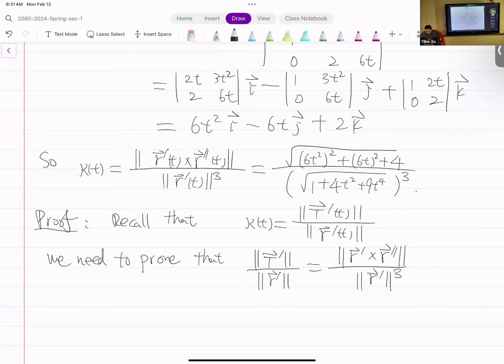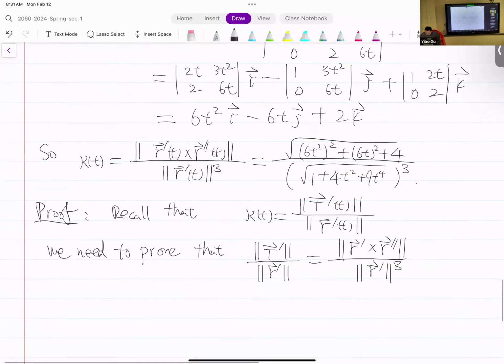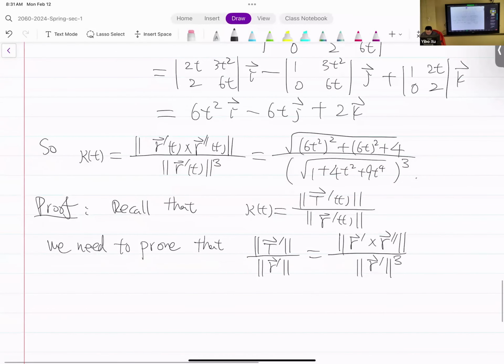Okay, so here we just omit the argument t and the brackets. And then, of course, we just rationalize everything. Basically, you see, we have a common denominator, r prime, and on the right-hand side we have that power of 3. So here we just get rid of the denominators.